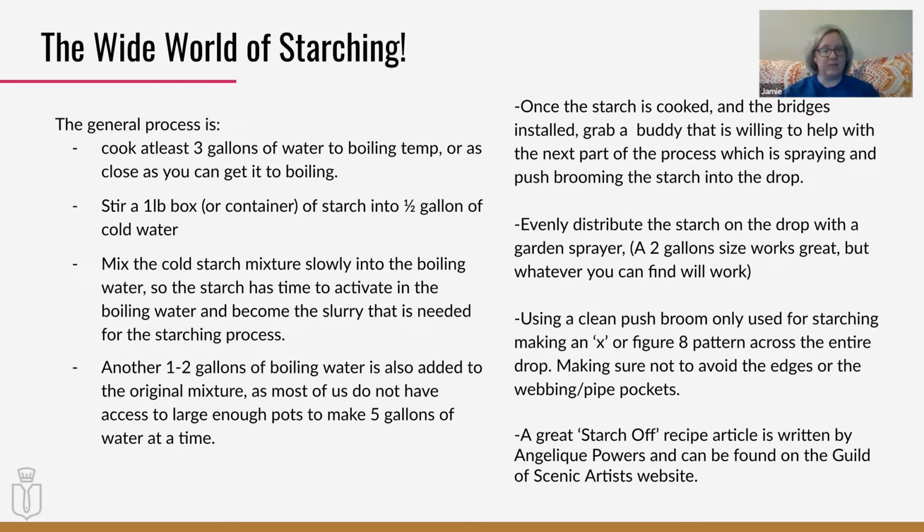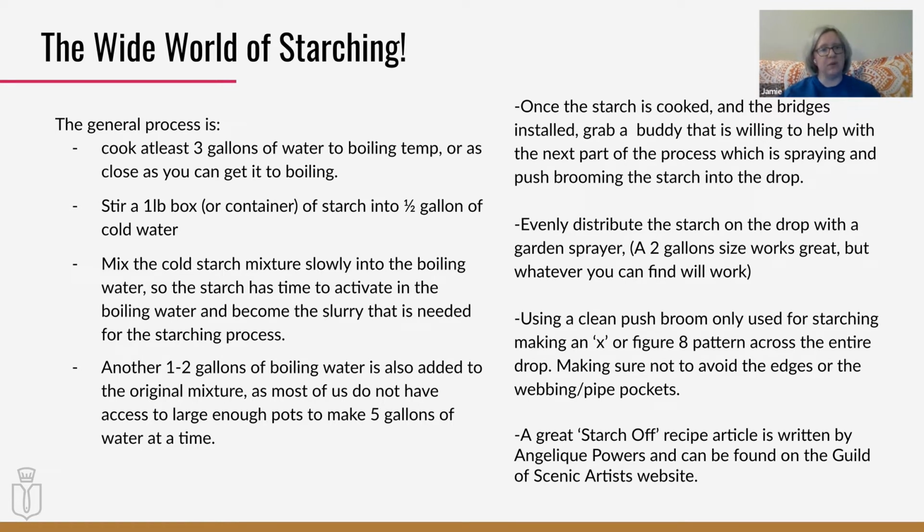So this recipe I've used is stirring a box of starch into half a gallon of cold water. Some scenics just use enough water just to create a liquid with the starch. Some may use a little bit more. So it's a lot of testing if you haven't done it before.